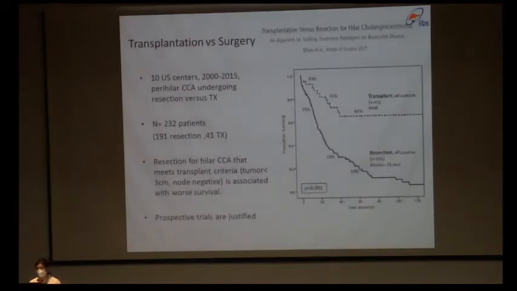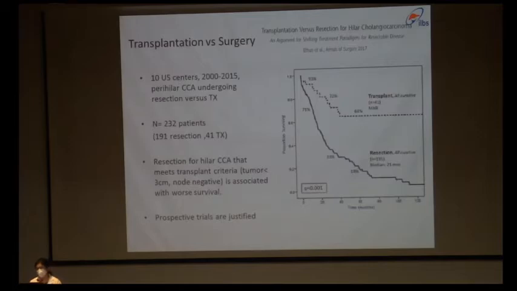So what should be the technique, transplantation or surgery, for perihilar cholangiocarcinoma? This is data from 10 US centers, in which the transplantation group had 41 patients compared with a surgery group of 191 patients.